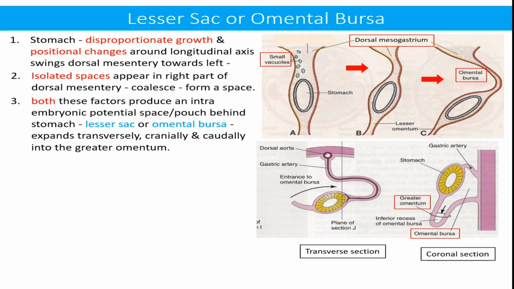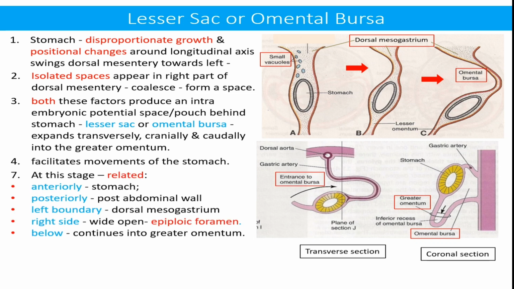With the passage of development, it expands transversely and cranially. It also expands caudally into the dorsal omentum. This omental bursa facilitates the movements of the stomach.